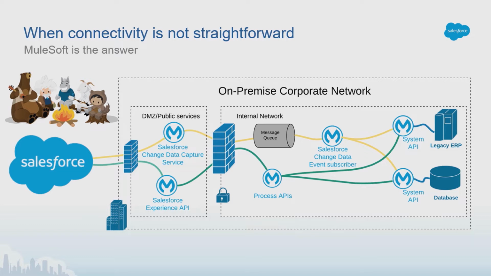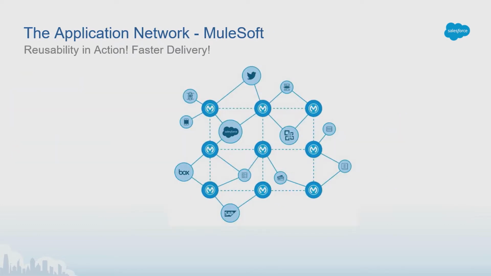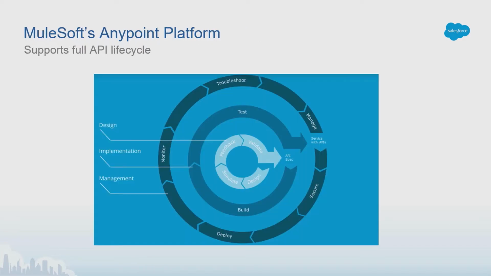These public APIs are the ones that ultimately deliver your data to Salesforce. So if you keep building these reusable APIs and services, you end up with what we call the application network. This is reusability in action, faster delivery.